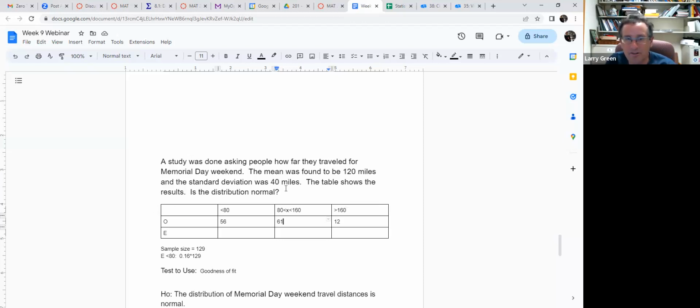We want to see if the distribution is normal. It has to do with the 120 and the 40. If I go one standard deviation to the left, then it's 120 minus 40, that's 80. If I go one standard deviation to the right, it's 120 plus 40, and that is 160. Any questions on that?